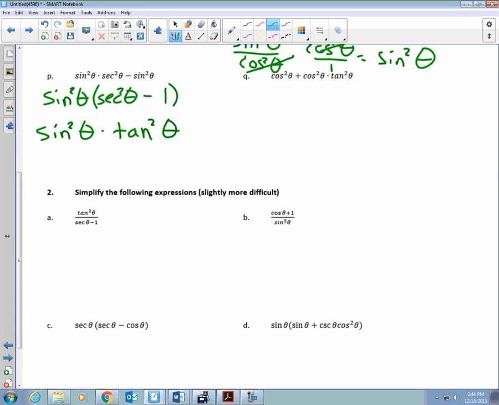Now, when I multiply these, let's change tangent squared. Sine squared over 1 times, instead of tangent squared, what do I write? Sine squared over cosine squared. Does anything cancel? No, you would get sine to what power? Sine to the 4th.